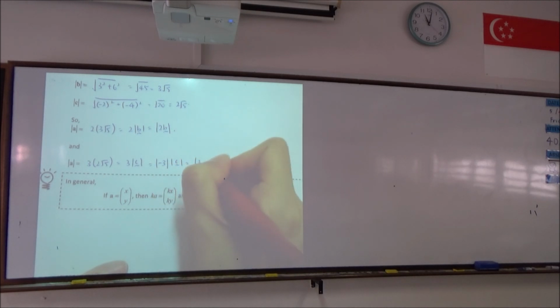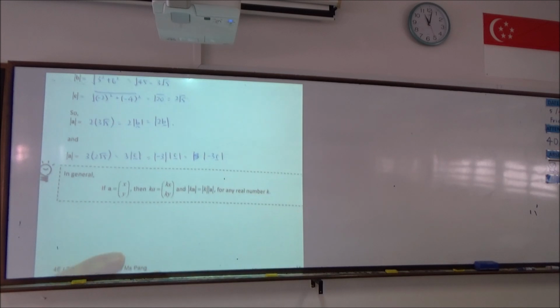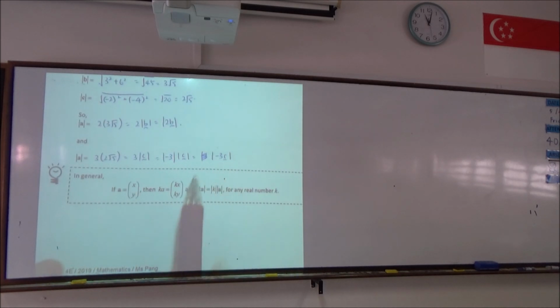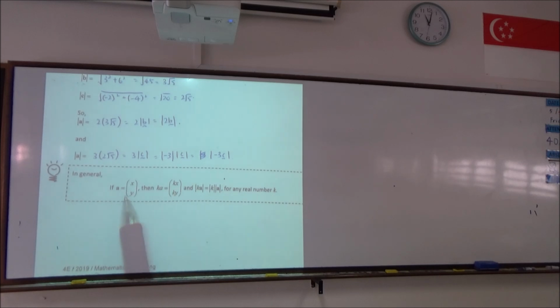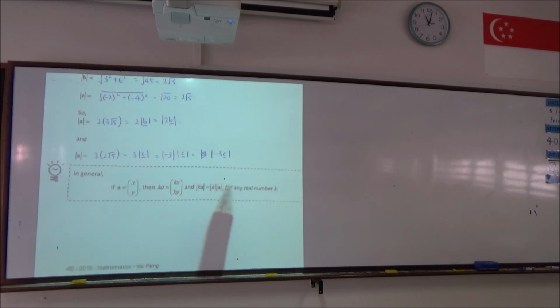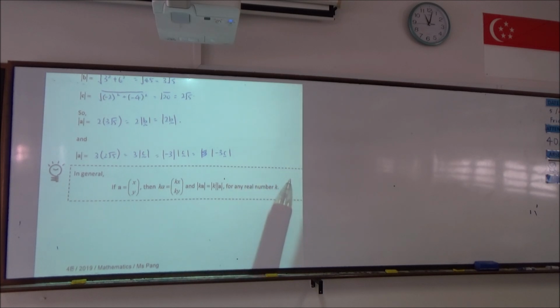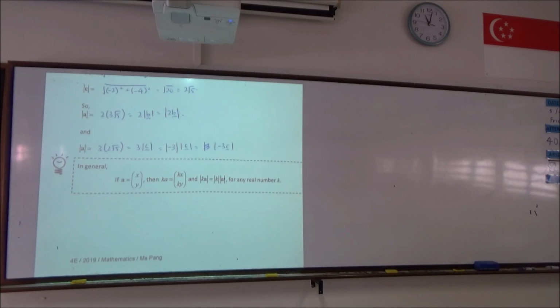So we will still have the same conclusion: if two vectors are scalar multiples of one another, magnitude wise I can separate them out if they are multiplying each other. This is a similar conclusion to our understanding of modulus.